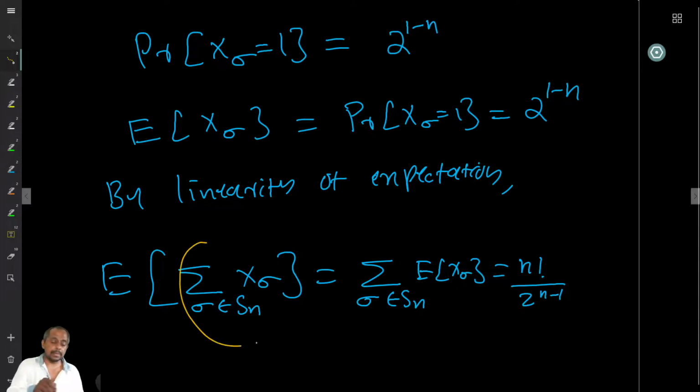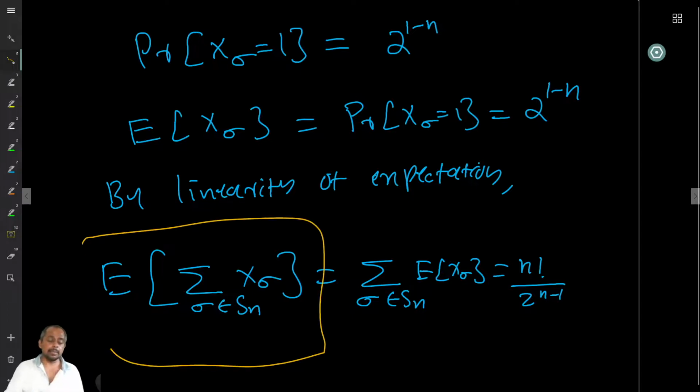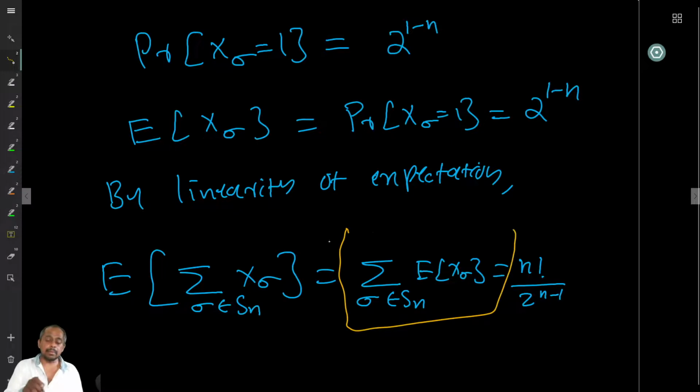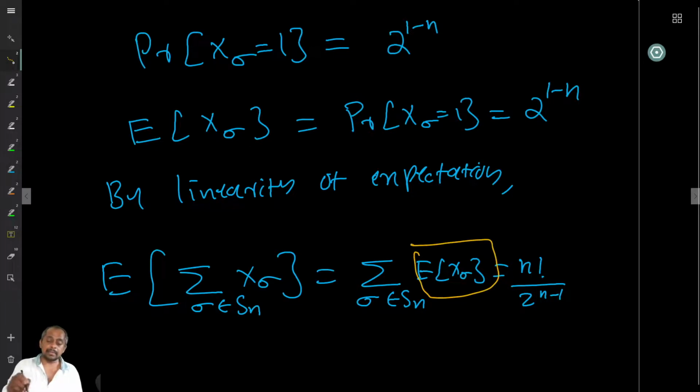So expectation of this number is what we can get, because we cannot find precisely what this is because we don't know what the tournament is. So we are now looking at the expectation. The expectation of this number of Hamiltonian paths is, by linearity, the sum over all the expectations. Now, for each X sigma, its expectation is 2 raised to 1 minus n.